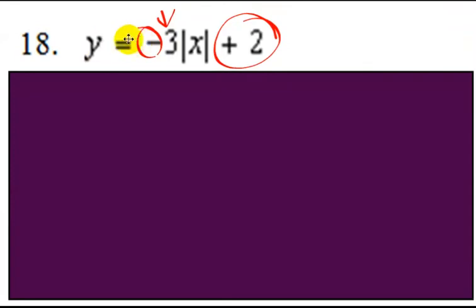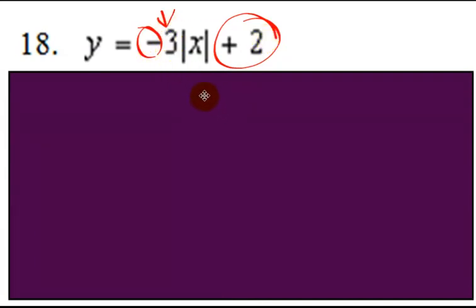18, we've got y equals negative 3 times the absolute value of x plus 2. So now we've got a negative, so it's going to reflect over the x-axis again, and it's got a stretch factor of 3, the absolute value, which is that v, and then we're going to shift it up 2 units. So it's a reflection, shifted up, and stretched.